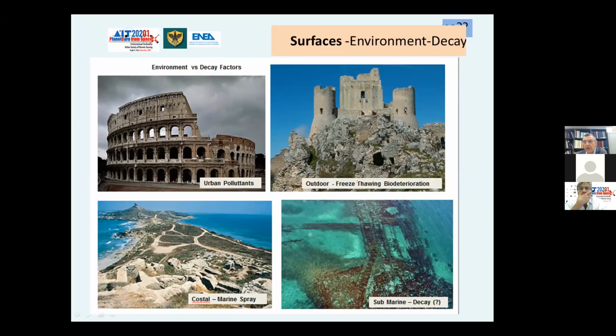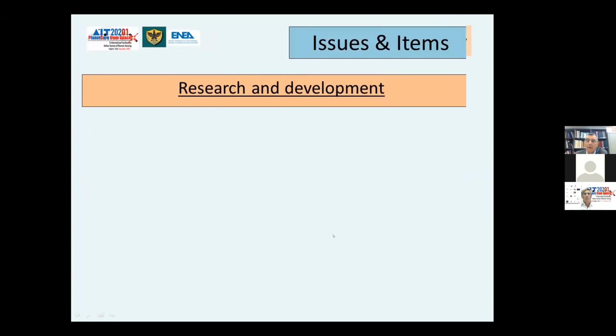When we speak about surfaces, we should understand that there is a strict correlation between the environment and decay. Here are presented some different environments. Very interesting is the submarine environment. And so the question is whether remote sensing could help us understand the characteristics of the site.